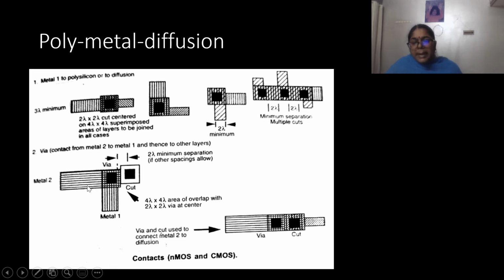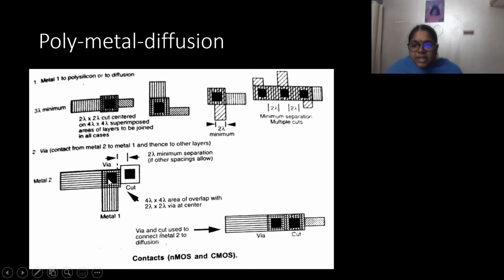Now when metal 1 and metal 2 need to be connected, we indicate that connection by a via. What is a via? Once again, you have the metal 2 layer whose minimum width is 4 lambda, and the metal 1 layer whose minimum width is 3 lambda. So when they cross, you have a 4 lambda cross 4 lambda square, wherein metal 1 and metal 2 encoding is used, and then a 2 lambda cross 2 lambda contact is used.